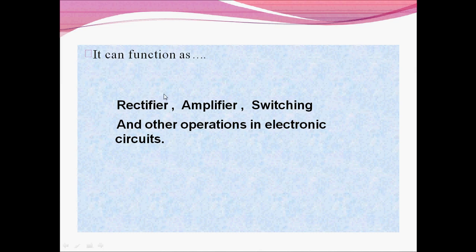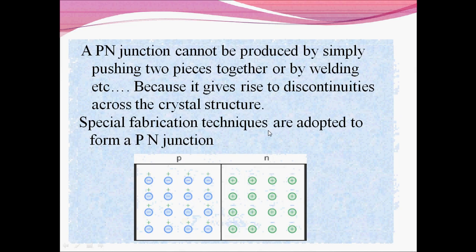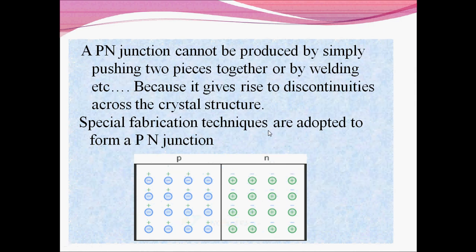These PN junctions have a number of functions as rectifier, amplifier, switching and other operations in electronic circuits. A PN junction cannot be produced by simply pushing two pieces together or by welding etc., because it gives rise to discontinuities across the crystal structure.